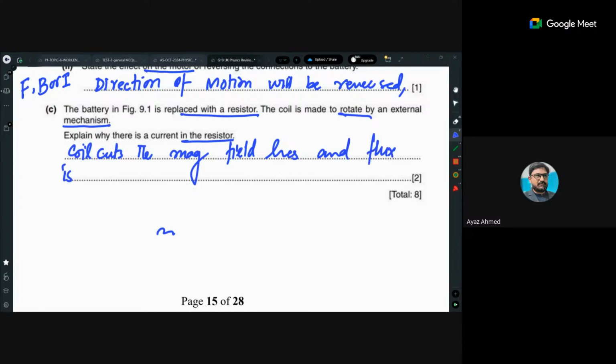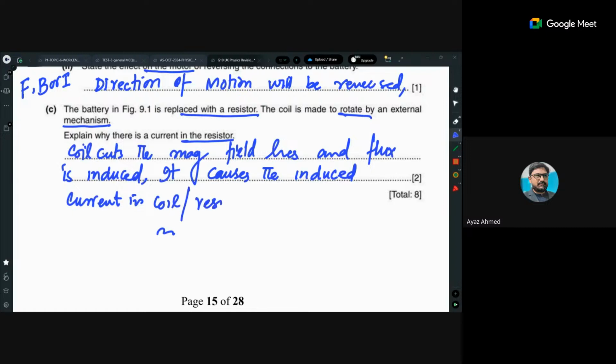Flux means magnetic field changes, right? Flux is induced, and then it causes the induced current in the coil. Induced current in coil, or you can say resistor. Both are the right options.